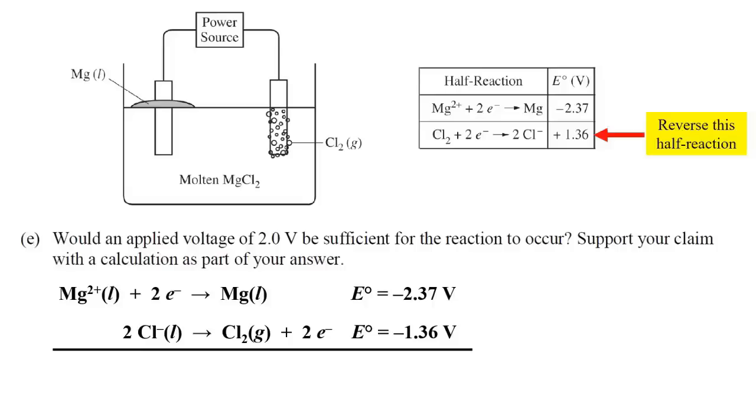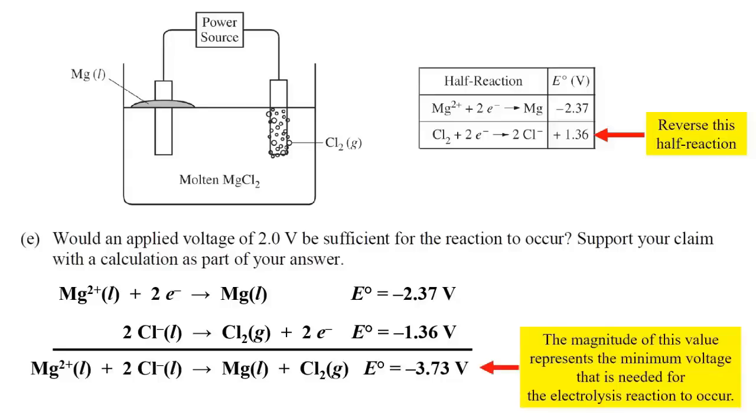So if we add these 2 half reactions together, magnesium 2 plus and 2Cl minus, to produce magnesium and Cl2, the electrons cancel out, and we get negative 2.37 volts plus negative 1.36 volts, and that gives us negative 3.73 volts.